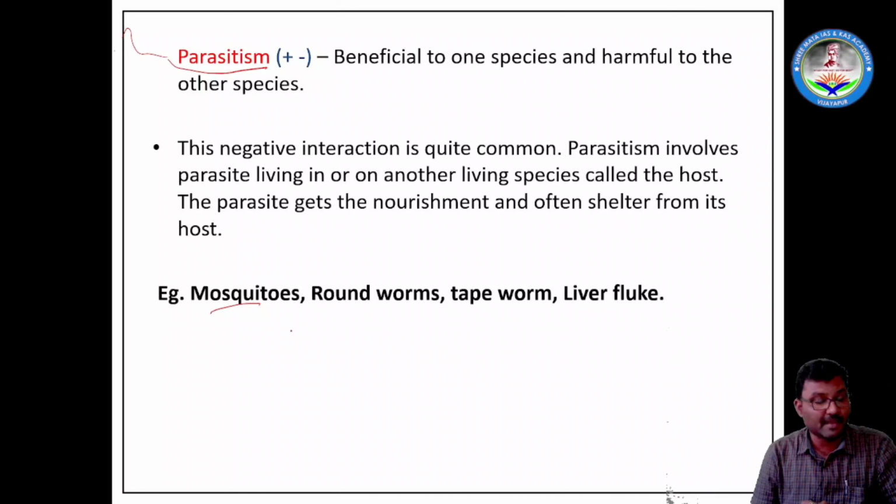For example, the liver fluke gets birth outside, enters the sheep's body, and utilizes the nutrients of the sheep. Some scientists do not believe in mesoparasitism, but you can go with the two important types: endoparasitism and ectoparasitism.